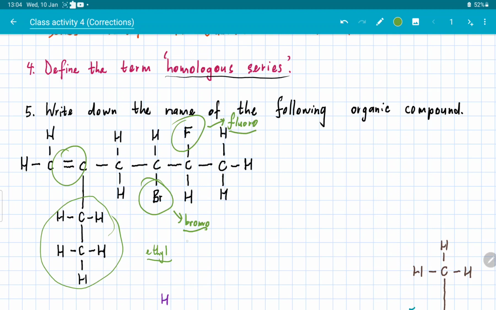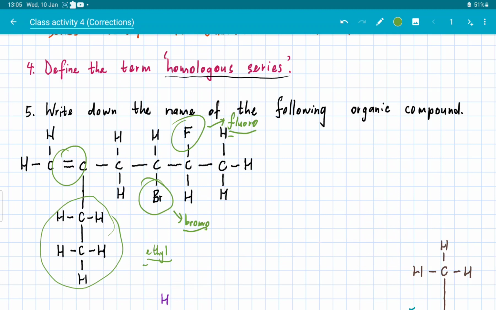So for example, B comes before E and F, so we start with B, then E, then F when we name. And then we get to the substituents, then the root name. After that comes the last part, the suffix, which includes the homologous series or the position of the double bond.